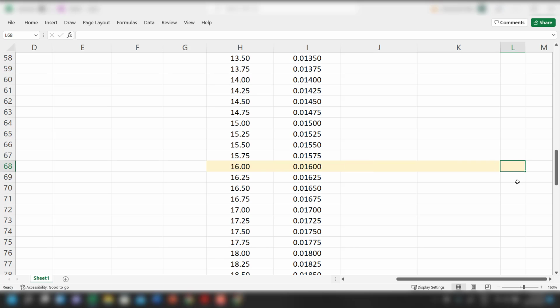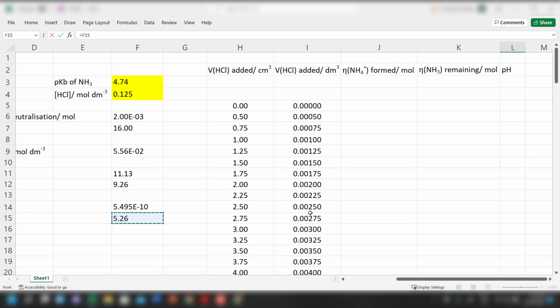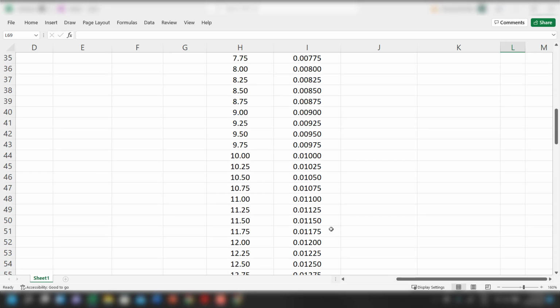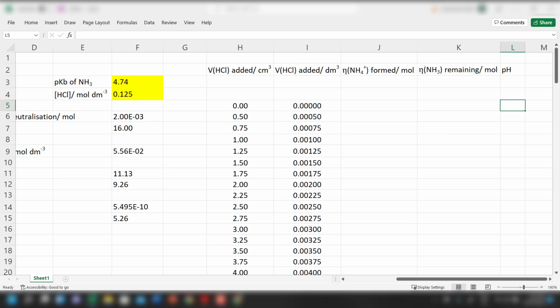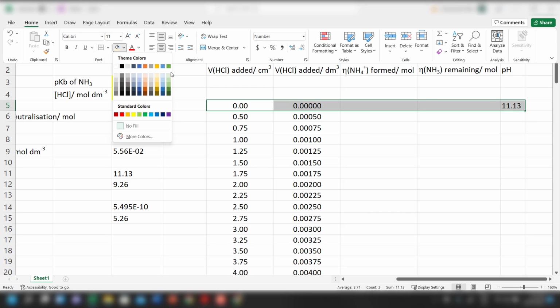So this I can simply just input the pH. The pH of the equivalence point will therefore be 5.26. And then the initial pH, I can also just input it. The initial pH is 11.13. So this is also something which I can just color code, maybe in light green.